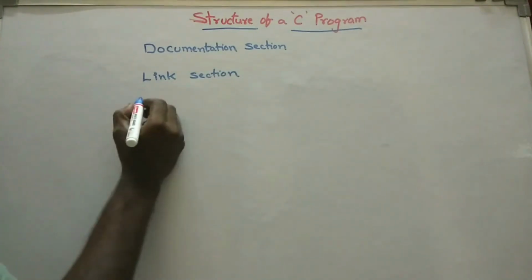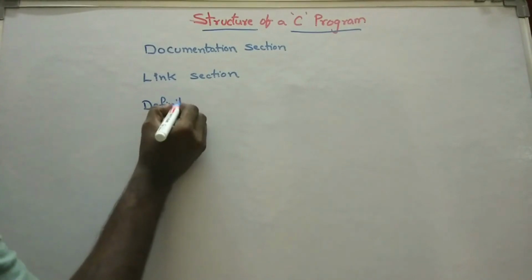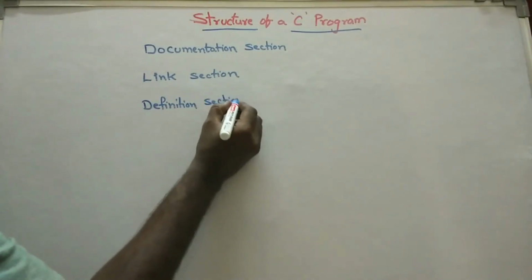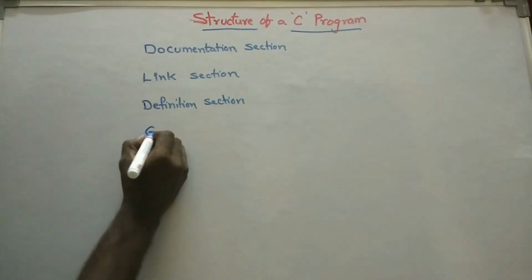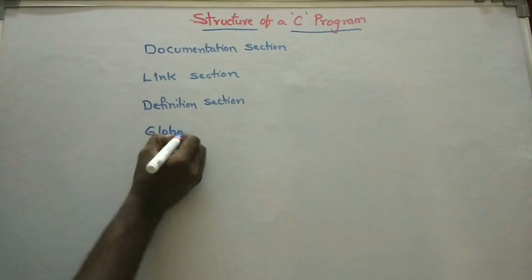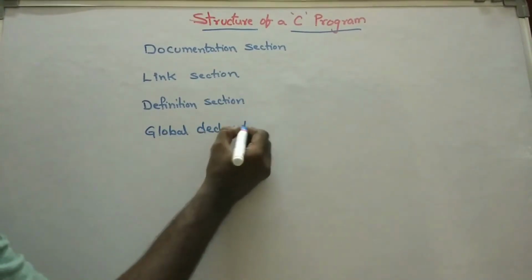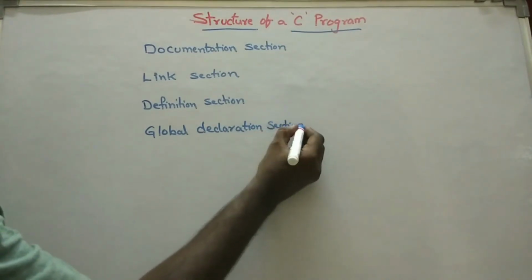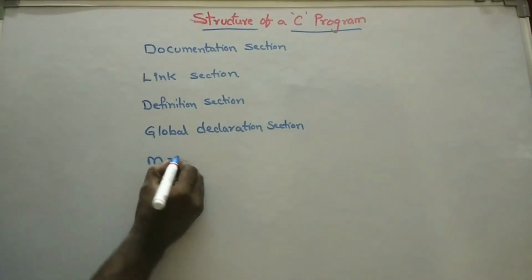The third one is the definition section. And the fourth one is the global declaration section. And the fifth one is the main section.